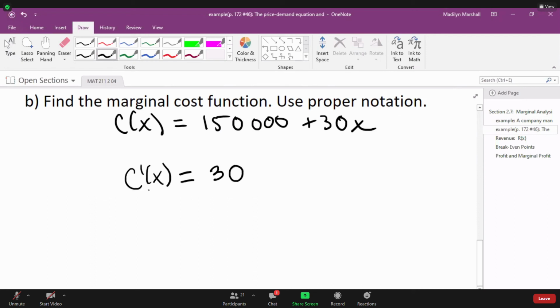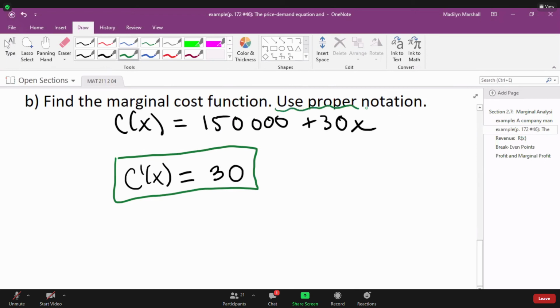So that 150,000 is the constant, so it goes away. And now we have just 30 in front of our x. So this is a situation where it actually does cost the same amount to make every additional TV, because this function doesn't have an x in it. So it's going to cost $30 per TV, no matter how many TVs we've produced. So this can happen, that the marginal cost is the same for any number of TVs.